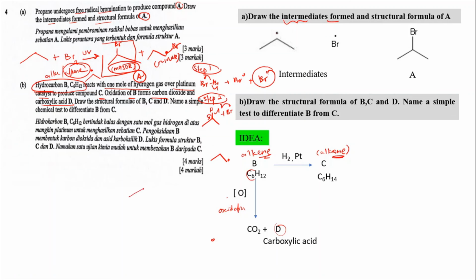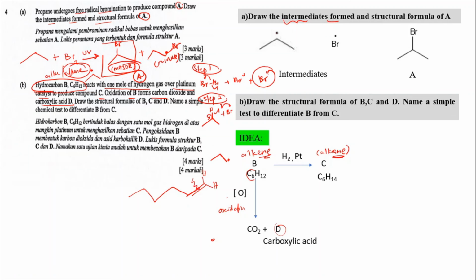So you know that it's going to be a straight chain alkene with 6 carbon. 1, 2, 3, 4, 5, 6. But now we need to decide where the double bond is. In order to decide that, we need to look at the products here. So we got carbon dioxide and carboxylic acid. Carbon dioxide comes when there is a C double bonded with hydrogen and hydrogen.